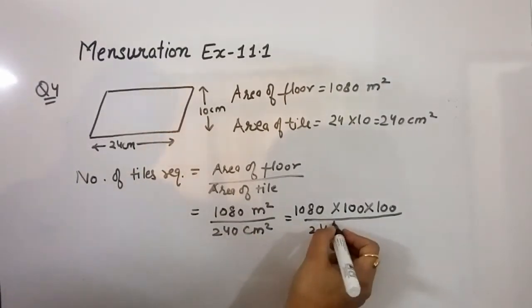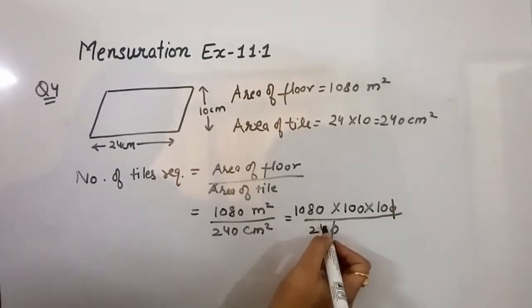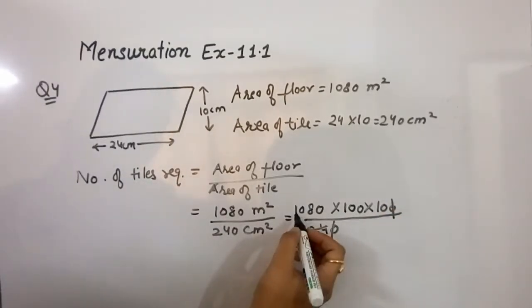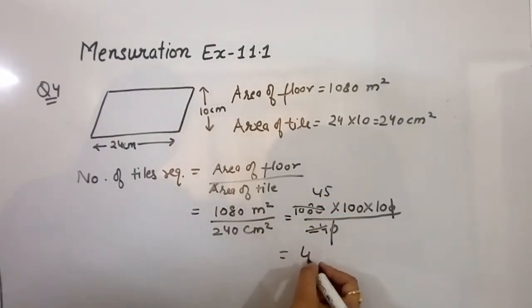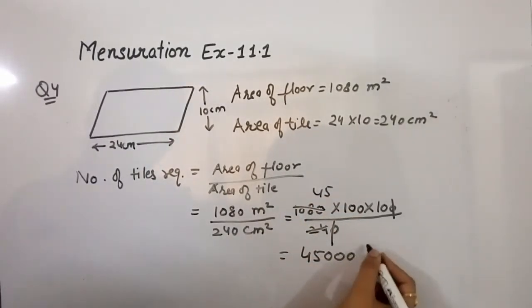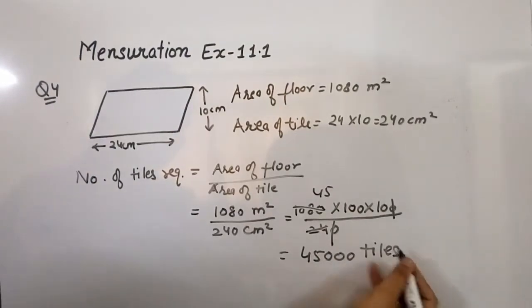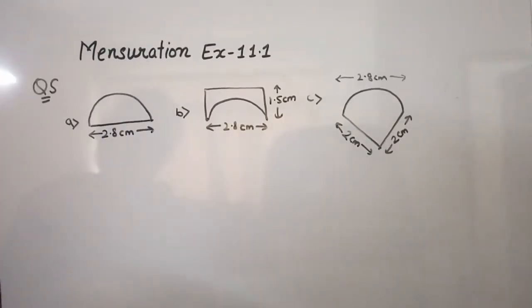Now we can cut down the zeros. This comes out to be 45. So 45,000 tiles is the answer. Move on to question number 5.